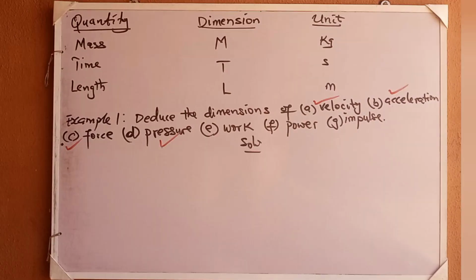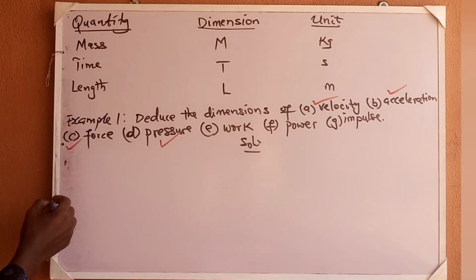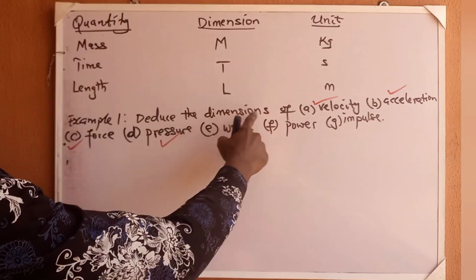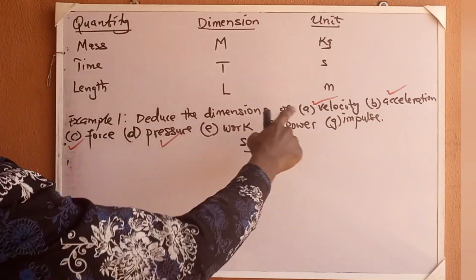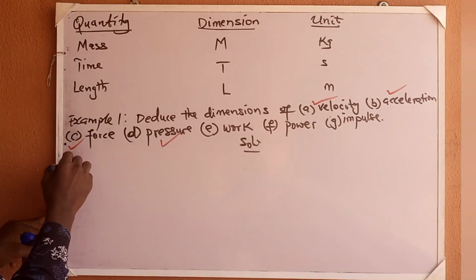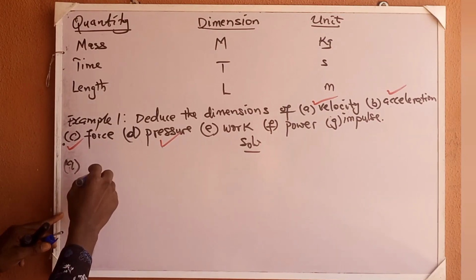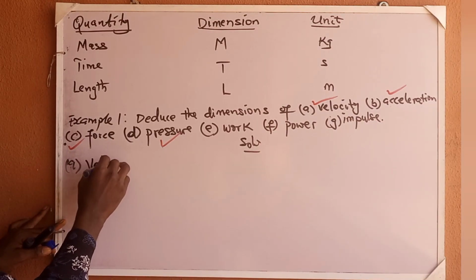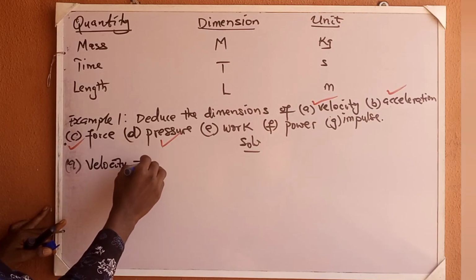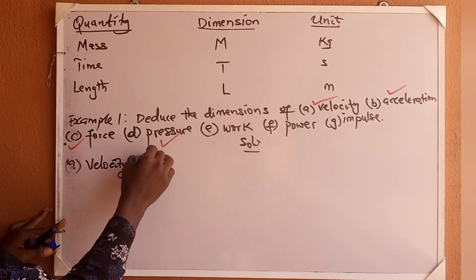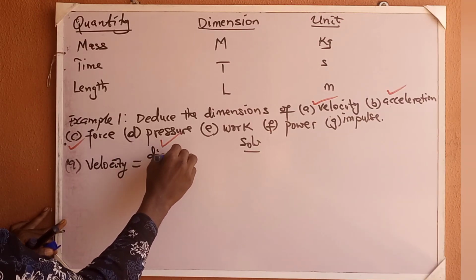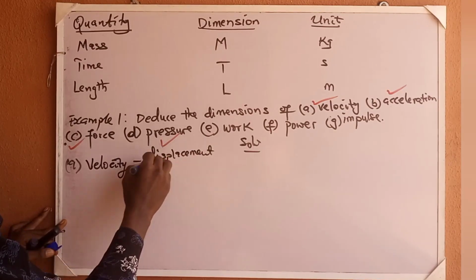All right, let's begin with these examples here. Example 1 says deduce the dimensions of velocity. So let's begin with velocity. That is A. Velocity is change in displacement over time. So we're going to write displacement over time.